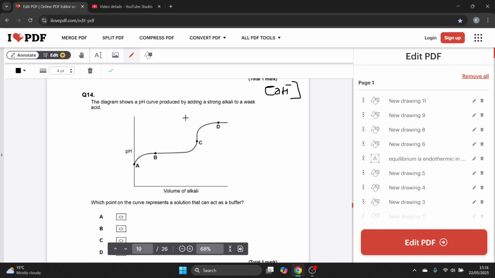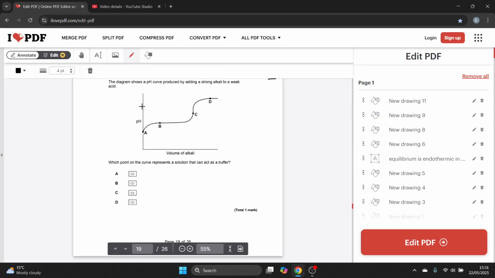Question 14. The diagram shows a pH curve produced by, I want to zoom out a bit so I can have a look at the full thing. Strong alkali to weak acid. Which point in the curve represents a solution that can act as a buffer?